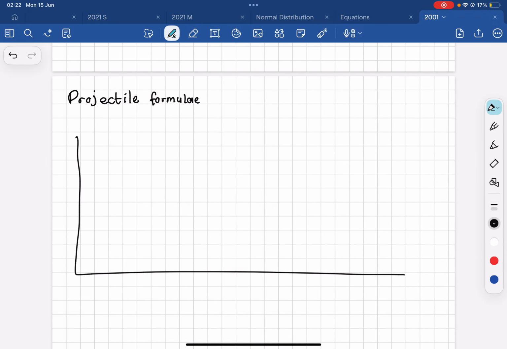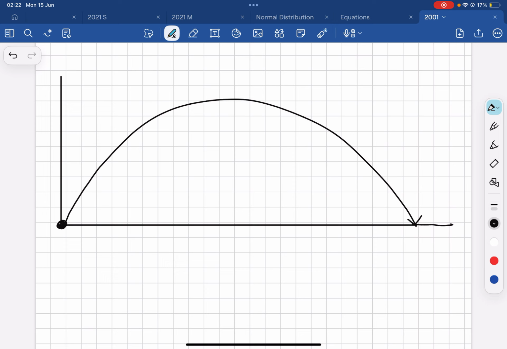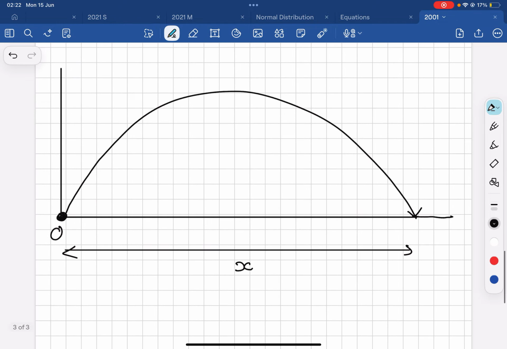So if we draw a projectile that's been projected from this point with, let's say, speed u, it starts at point 0 and travels a horizontal distance x, and it does reach a max height here, so let's call this its max height.